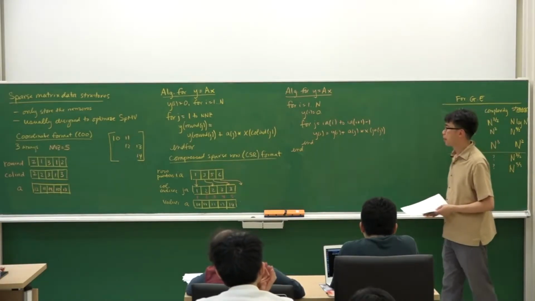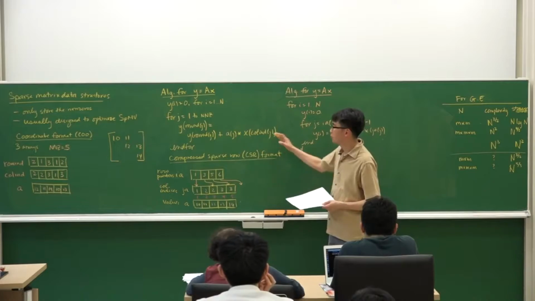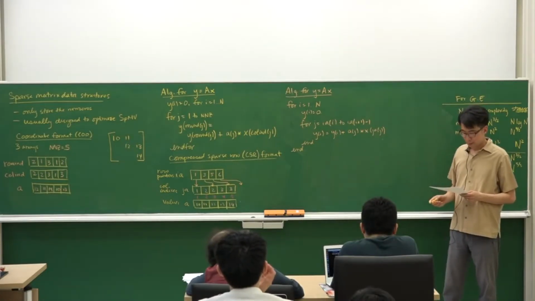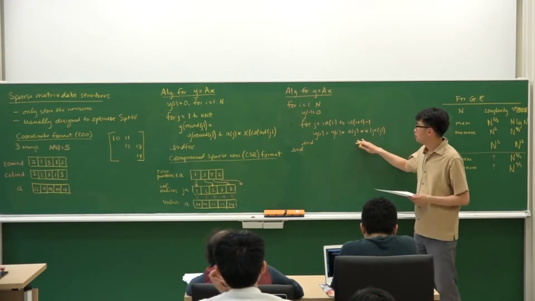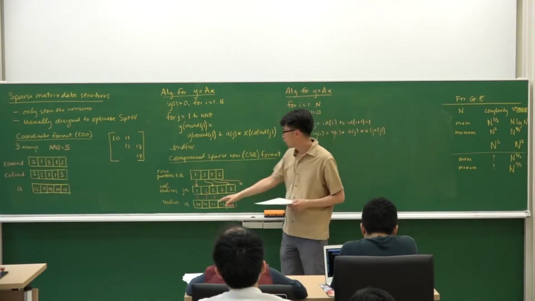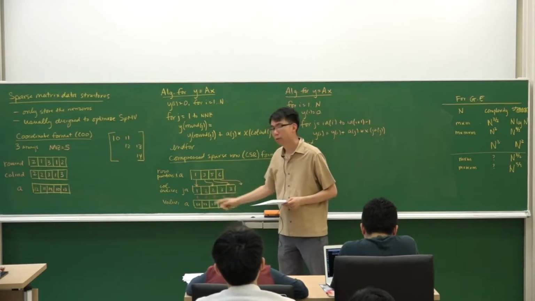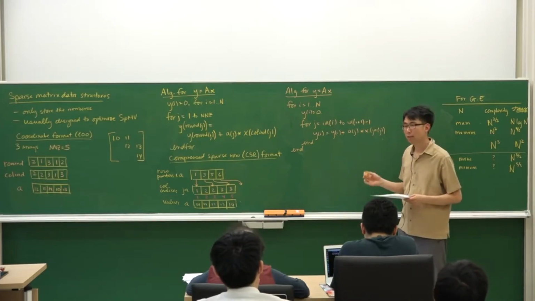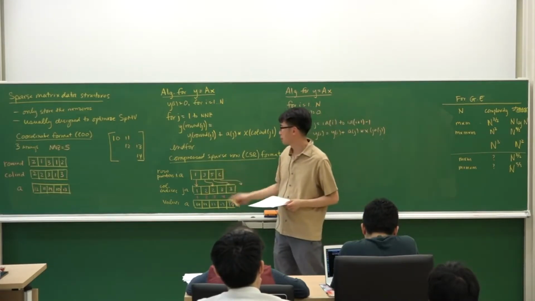So I want to compare and contrast the two different algorithms. Okay? In this algorithm, the array A and the array JA are traversed in order. Right? IA is also traversed in order. Right?